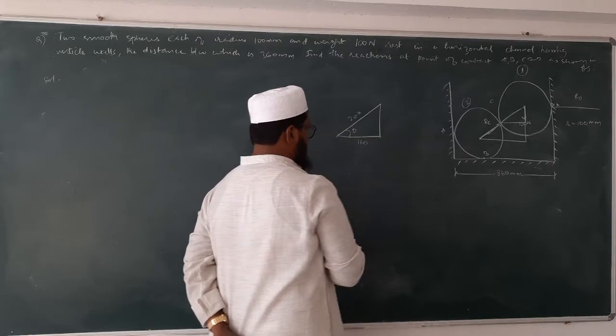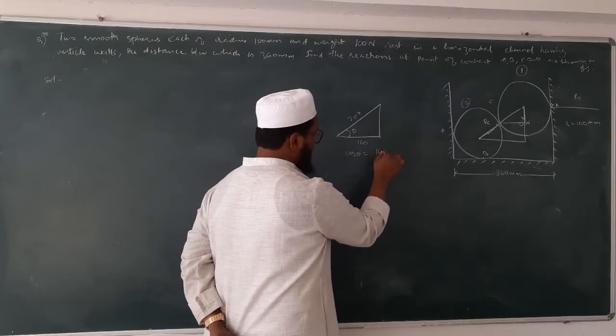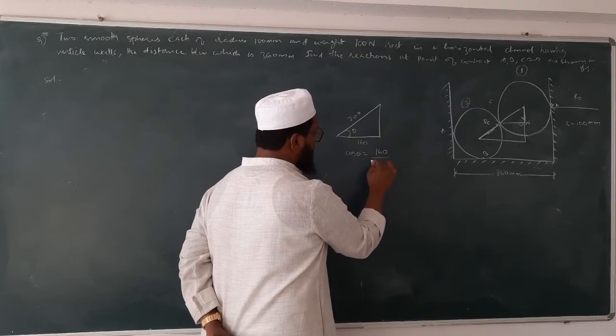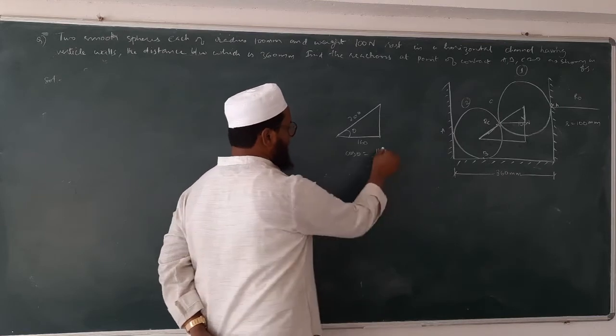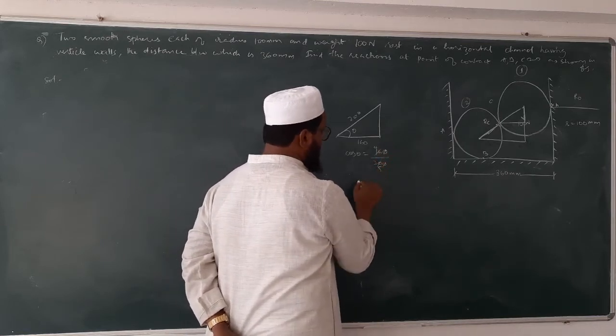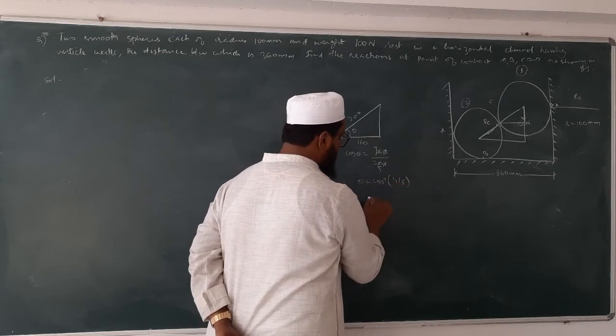So cos theta is equal to 200 by 160 or 160 by 200? 4 4s are 4 5s are. Theta is equal to cos inverse of 4 by 5.